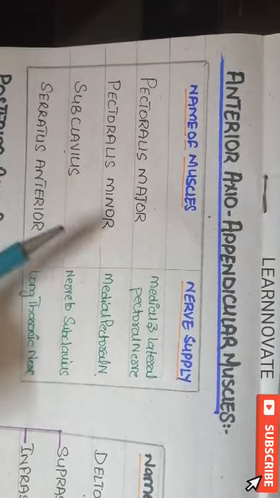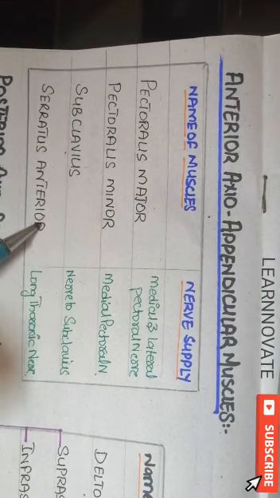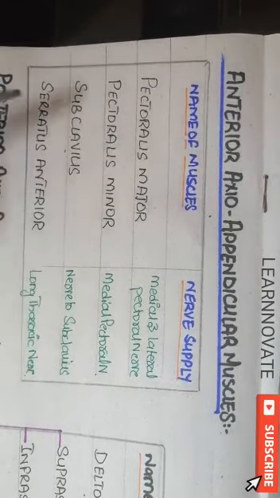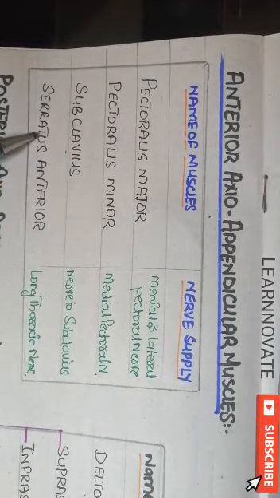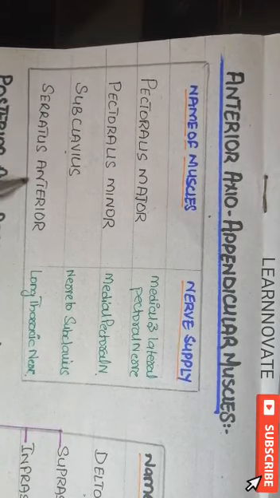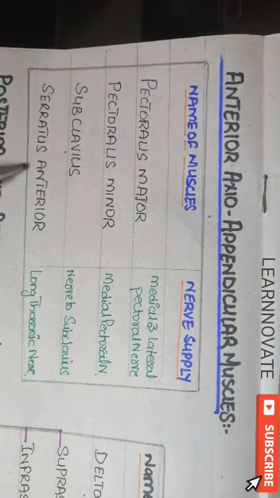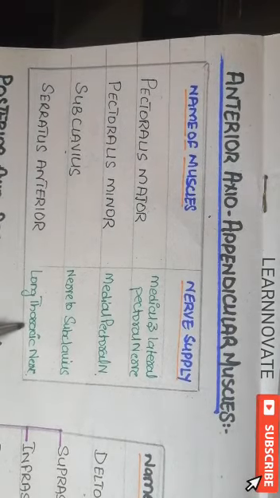The fourth anterior axio-appendicular muscle is the serratus anterior. The serratus has several digitations attached to the ribs, and it is present on the anterior surface of the thoracic wall, that's why it is called serratus anterior. This larger muscle is attached to ribs 1 to 8, and it is supplied by the long thoracic nerve that I have discussed in the brachial plexus.